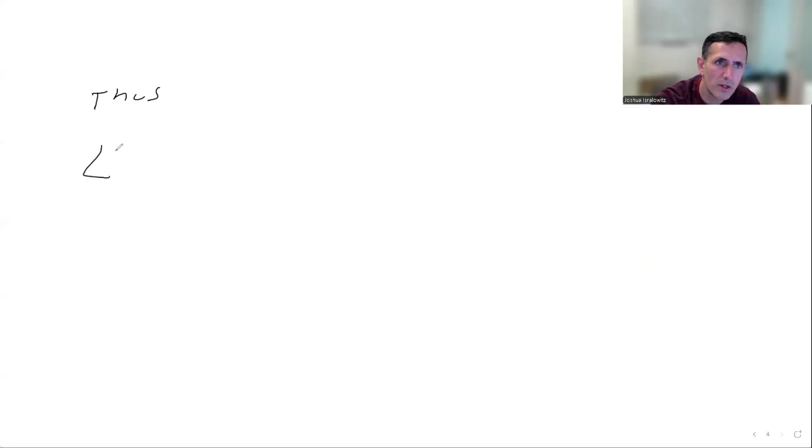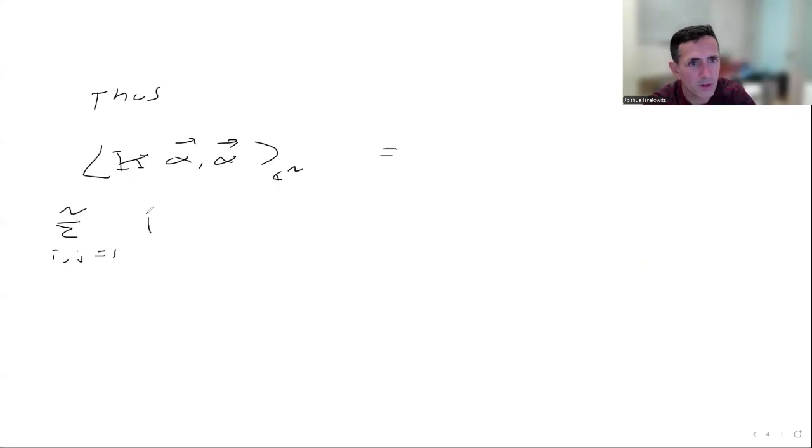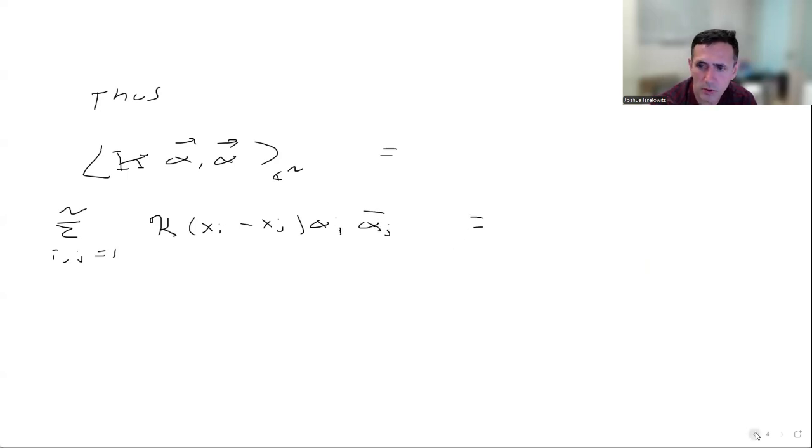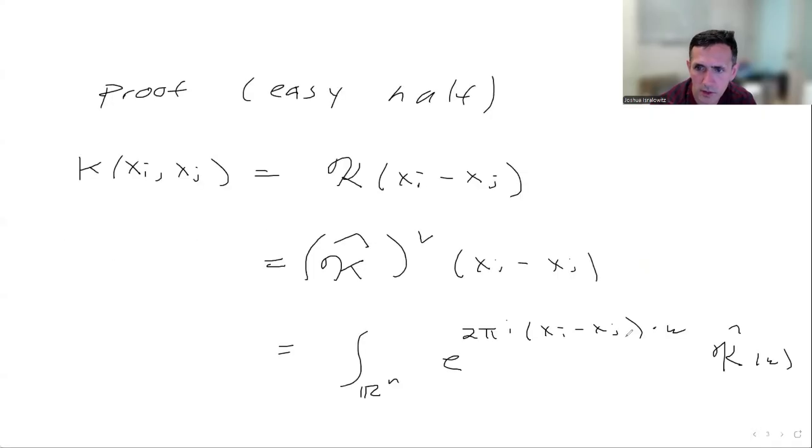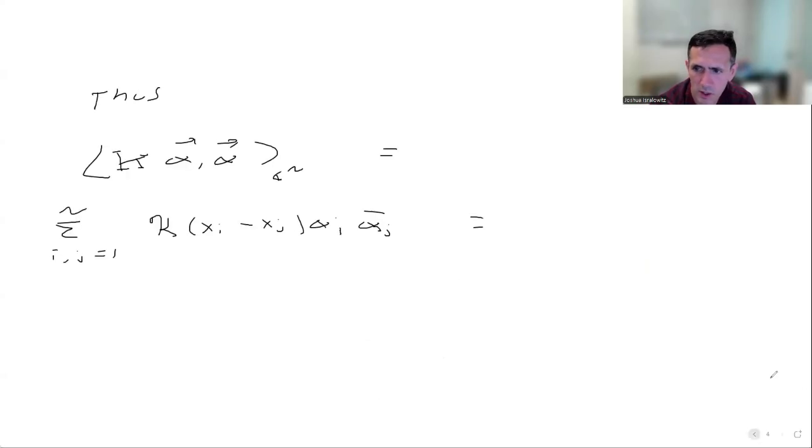I might be able to see where this is going. So this is just the sum of K of xi minus xj, alpha i, alpha j conjugate. I'm just going to plug this in. Sorry, I got the omega. Just plug this into here. That's all I'm going to do.